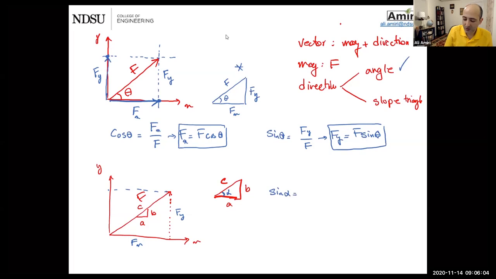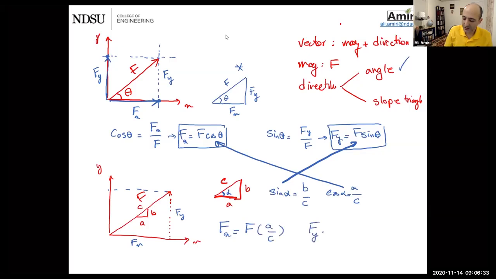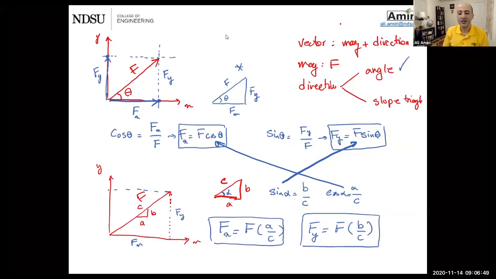Sine alpha would be B over C, and cosine alpha would be A over C. So fx is f cosine that angle, which is A over C, and fy is f sine that angle, which is B over C. There is no angle in this one, because A over C and B over C replace the sine and cosine.